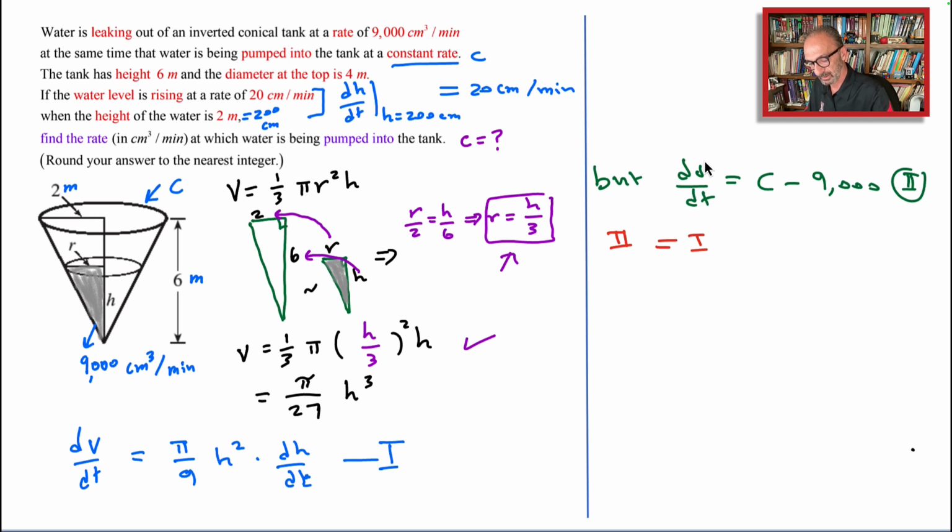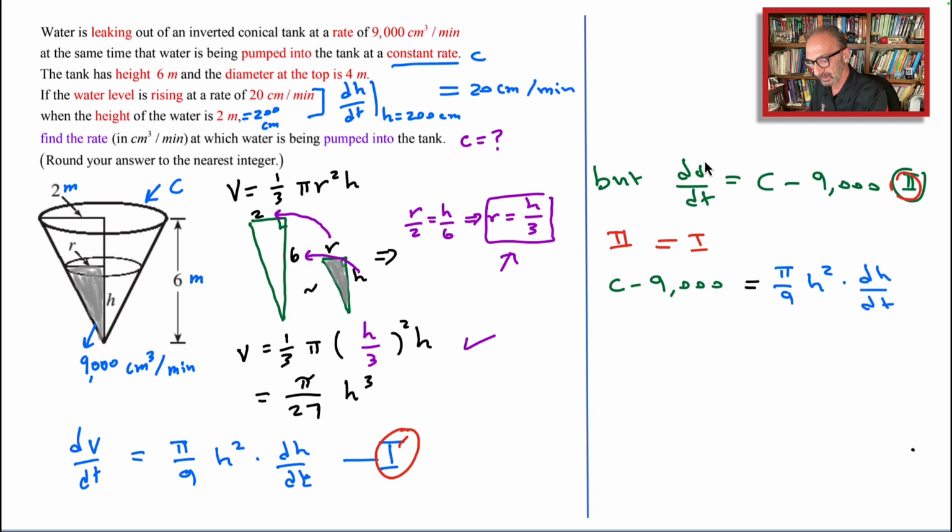This is 1 and this is 2. That says that C minus 9,000 is equal to number 1, which was pi over 9 h to the second dh dt.